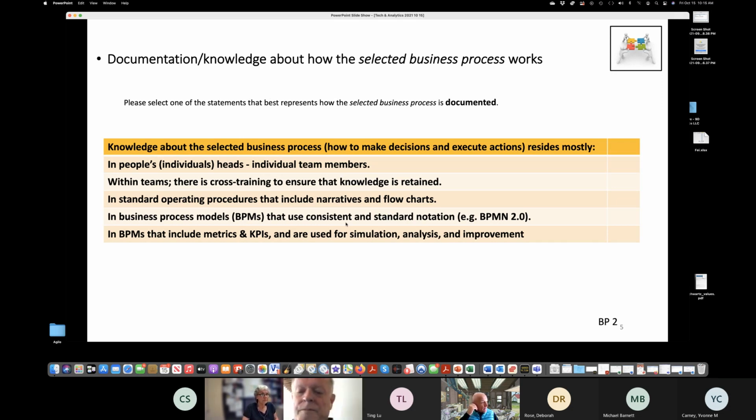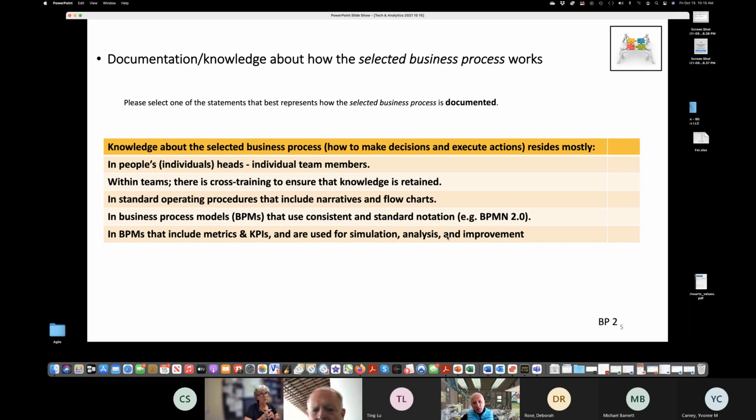So whether the knowledge about how to do this process is maybe in individuals' heads, so the person who calibrates the meter just knows how to do it. Or if it's a team that knows how to do it, and there's some cross training, or there are standard operating procedures, or there are business process models, or business process models that include metrics and KPIs, which can be used for simulation, analysis, and improvement.